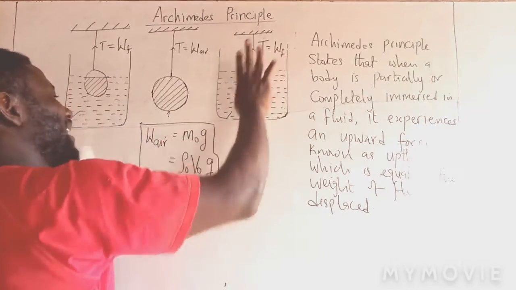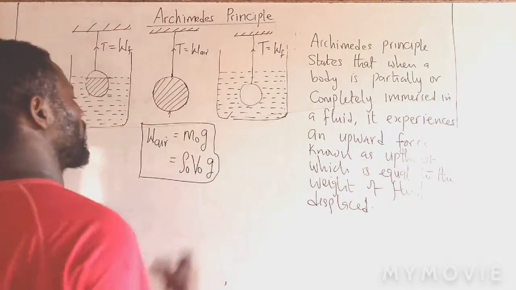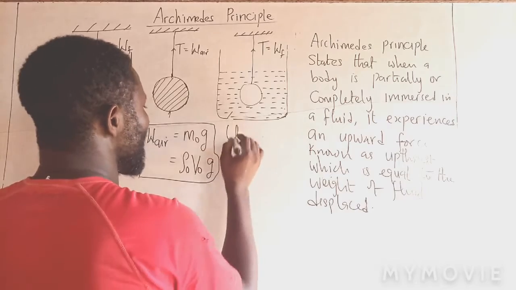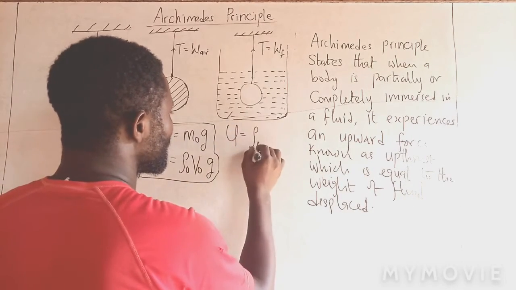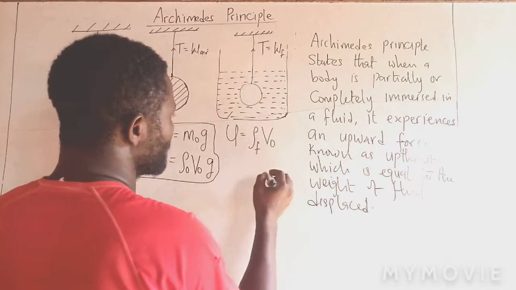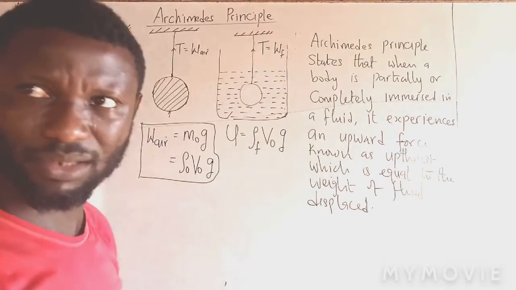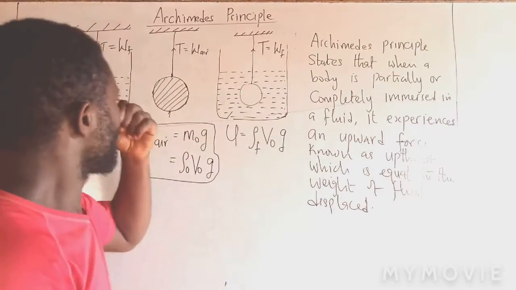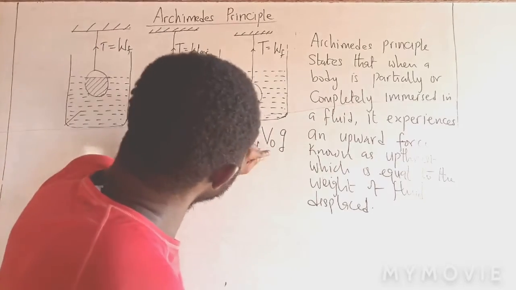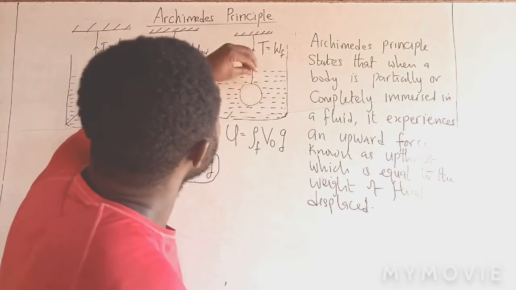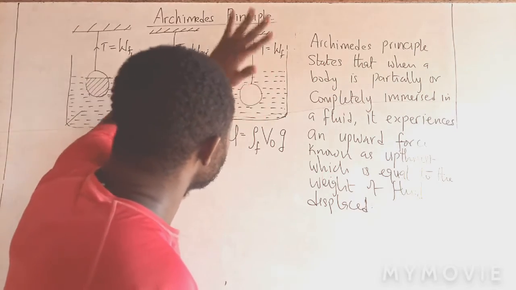Before we look at this, we will look at the upthrust, that is the upward force on this object. So upthrust here is equal to density of this fluid multiplied by volume of object multiplied by acceleration due to gravity. Why are we using volume of object here? We are doing that because the whole object is completely immersed in a fluid.